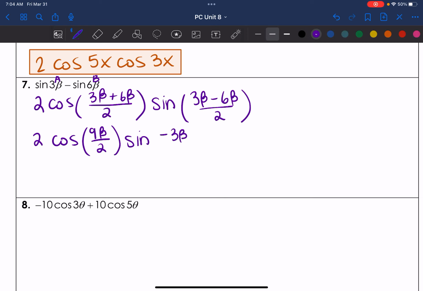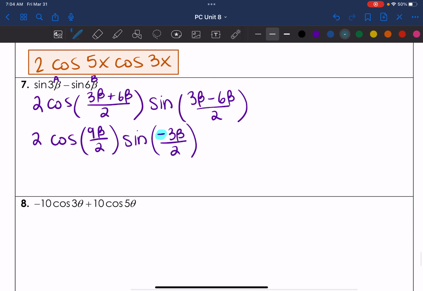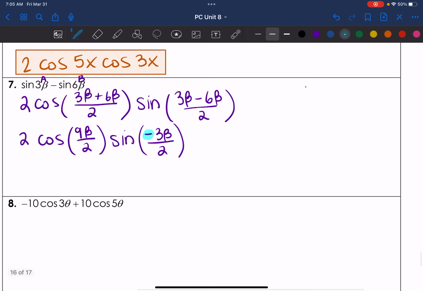So negative 3 beta over 2. Okay, so this time around, we talked about this yesterday. If you have a negative sign inside of your parentheses, you should use your even odd identities to simplify that a little. So even odd identity.